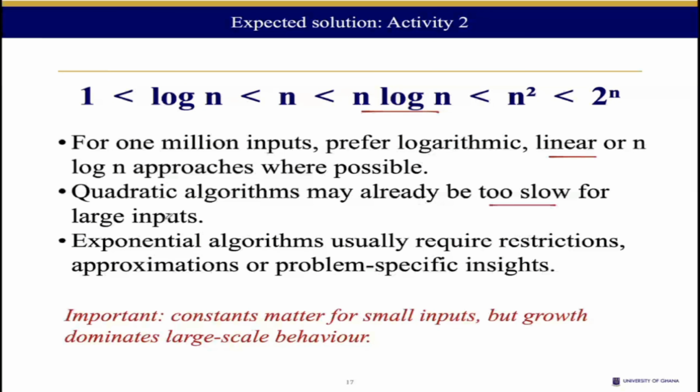When you have very large inputs, exponential also requires more restrictions, and that is why this order becomes more plausible if you have 1 million input sizes. So the constants matter for small inputs, okay? But when growth dominates, then it becomes a big deal. So take note of that.